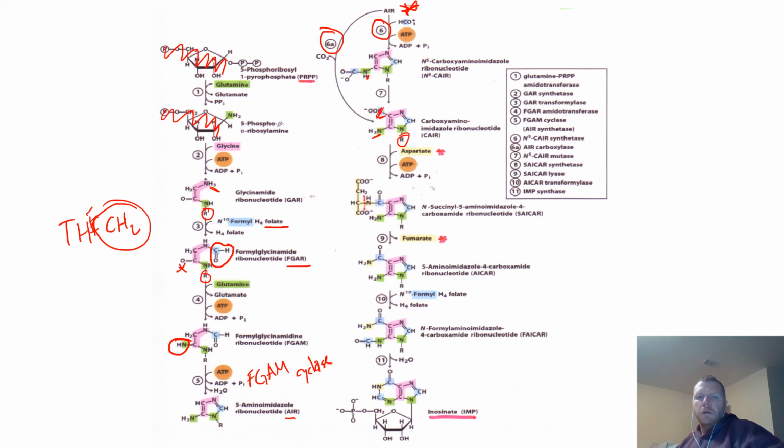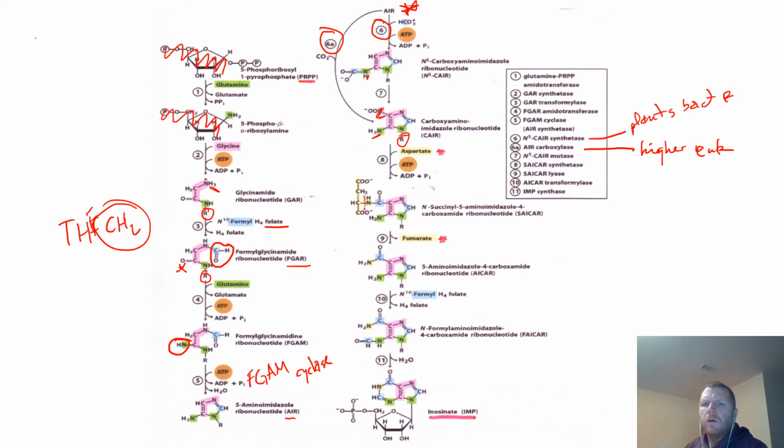In either event, we do have to have a carbon there, but what's important to distinguish between these is what organism we're talking about. The route of 6A is what higher eukaryotes do, whereas the route of 6 to 7 is what plants, bacteria, and fungi do.